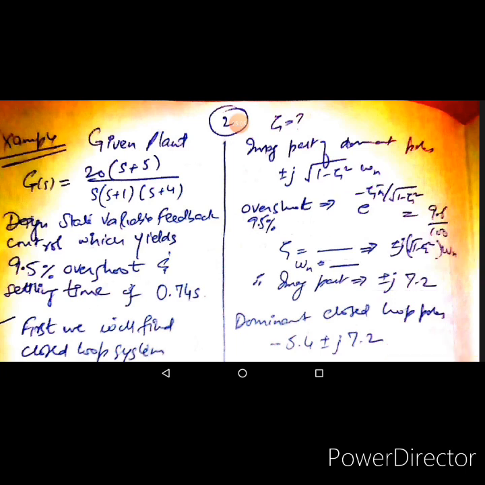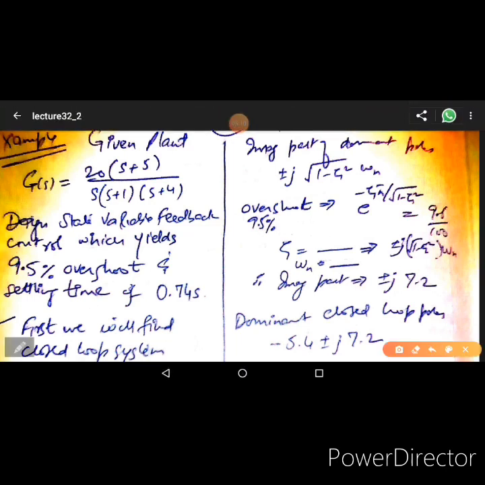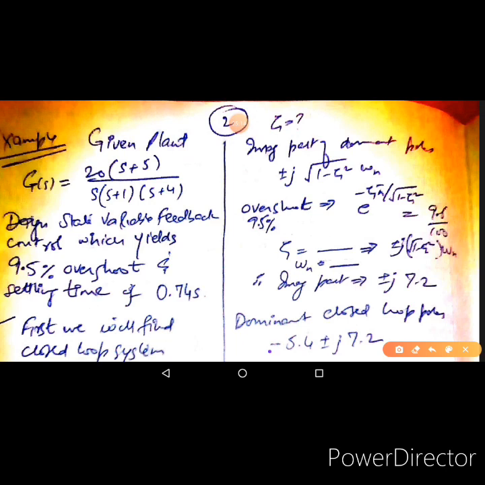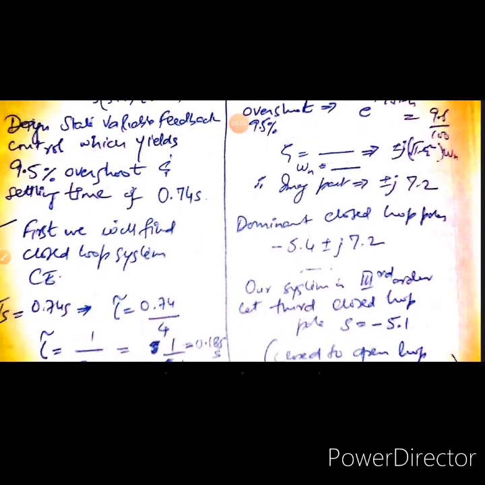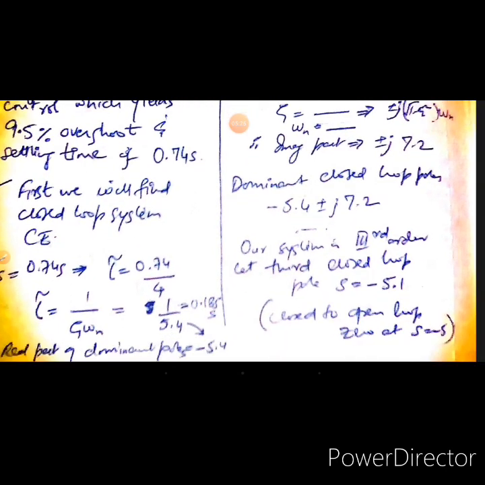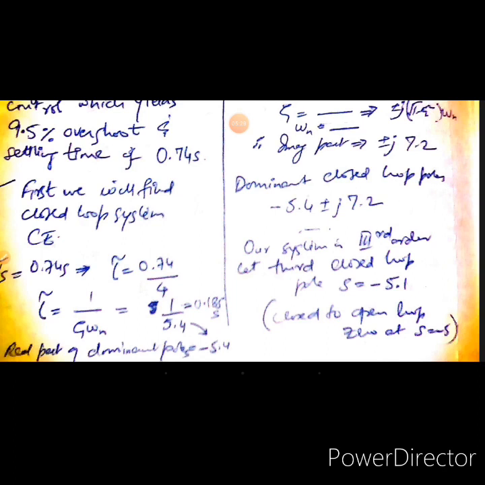So the complete pole, and in fact we have two poles, a conjugate pair of poles, is this. Real part is minus 5.4 and then plus minus j 7.2. These are the two dominant poles. The system is third order, therefore we must have another pole also. As I said in the start of this problem, we need a third pole and we will assume its location.